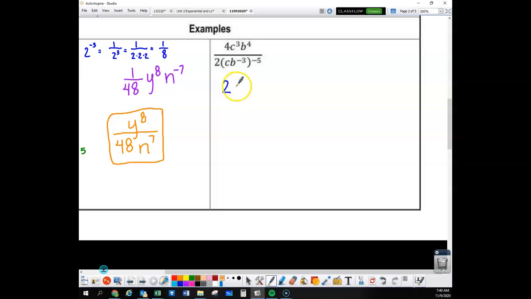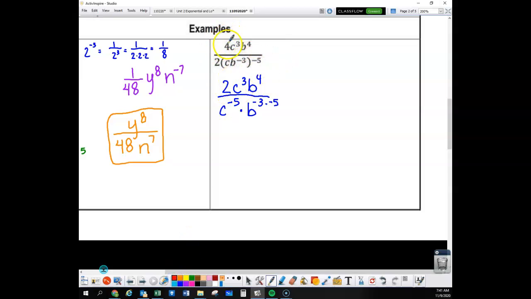And then c cubed and b to the power 4, nothing's going to happen to that, right? And then I can raise the denominator to the power of -5. So c raised to the -5 times b raised to the power of -3 times -5. Does that make sense? So nothing really changed at the top.